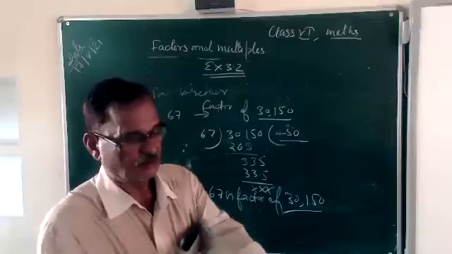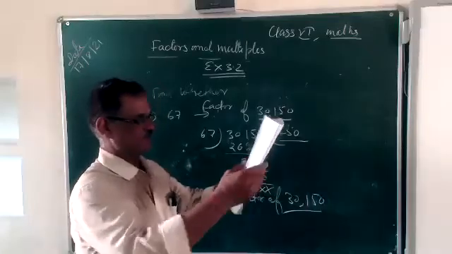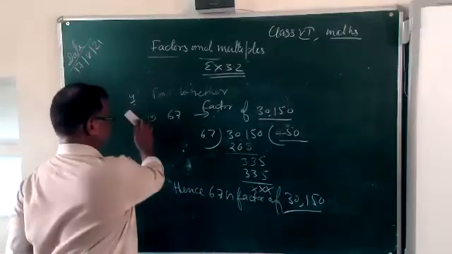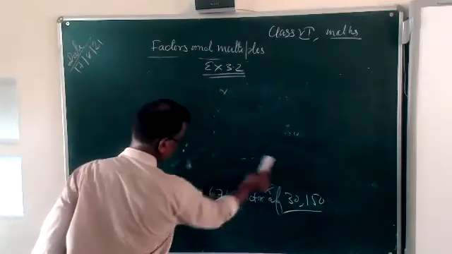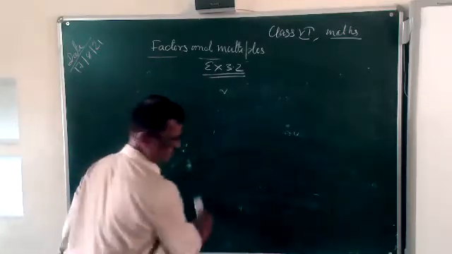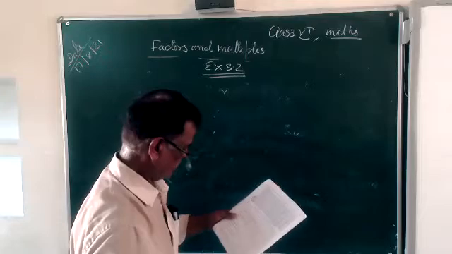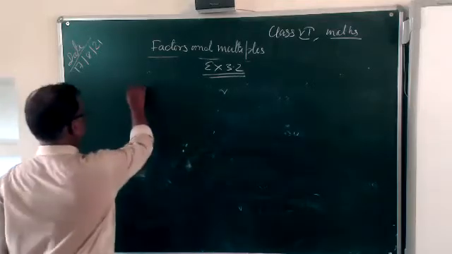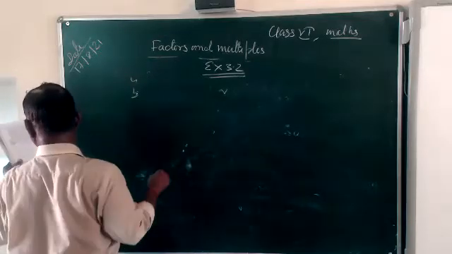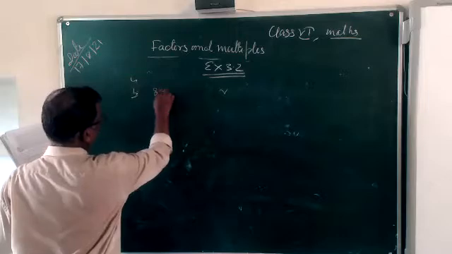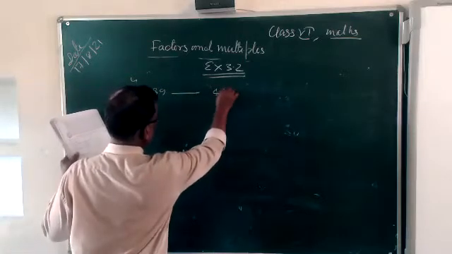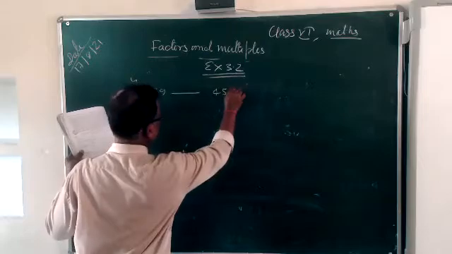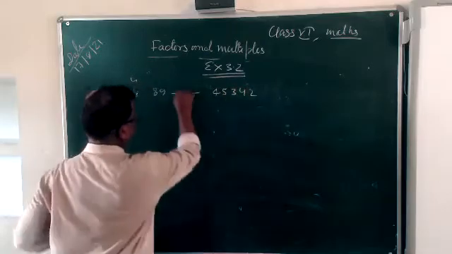And see one more question given here. 89 is a factor of 45,342, part 4 B. Asking whether 89 is a factor of 45,342 or not.